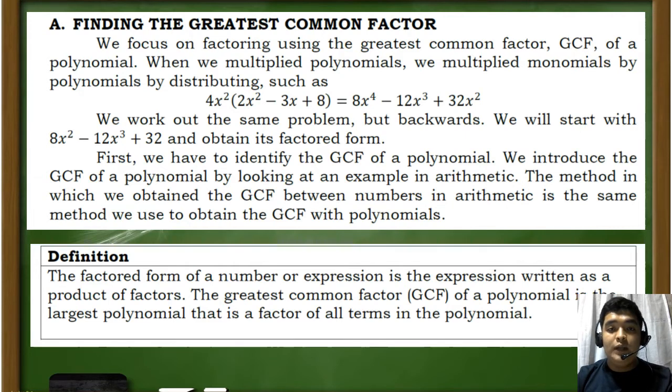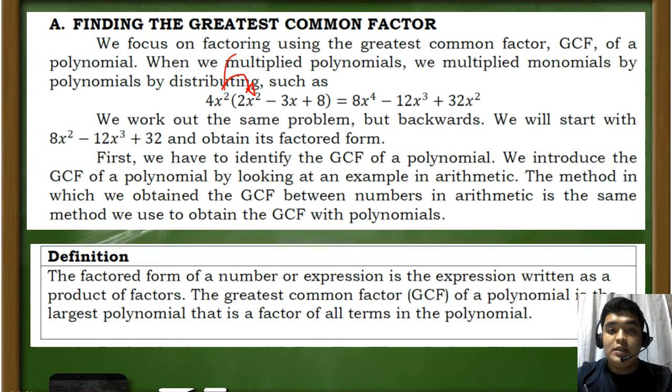When we multiply polynomials, we multiply monomials by polynomials by distributing, such as 4x squared times the quantity 2x squared minus 3x plus 8. So again, you have to distribute. 4 times 2 is 8, then x squared times x squared is x to the power of 4. If you multiply exponents with the same base, you add the exponents.